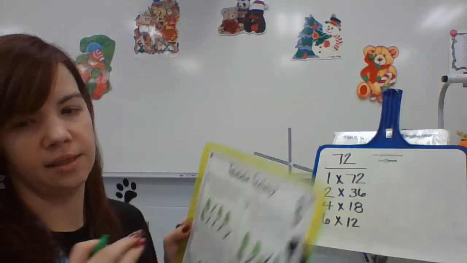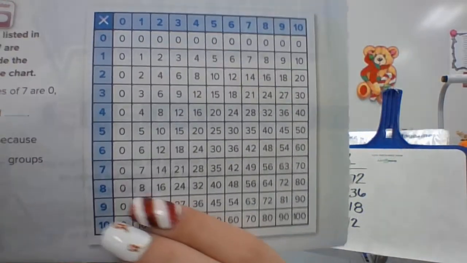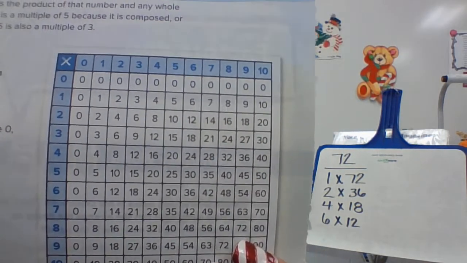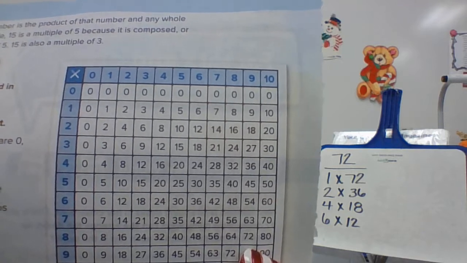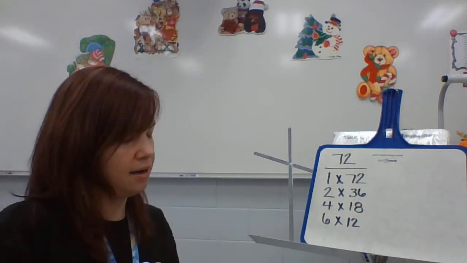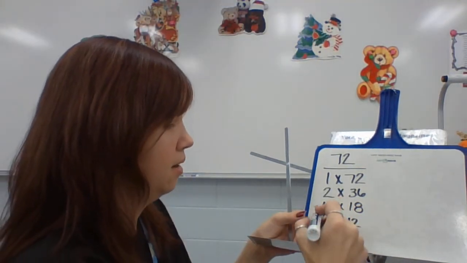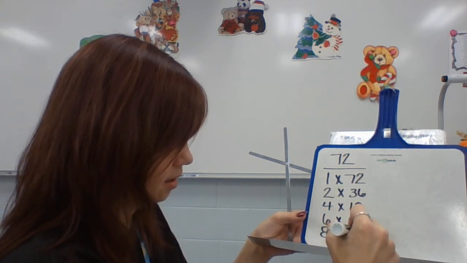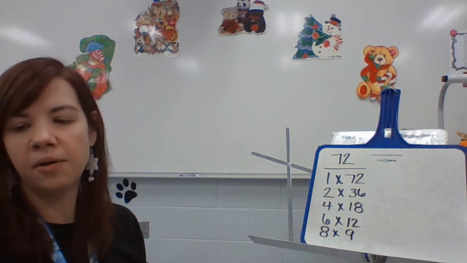How about 8? So let me look at 8. Come across. There's 72. That makes it nice whenever it's right on there. And when I go straight up, it's with 9. So this was 8 times 9 that I can color in.